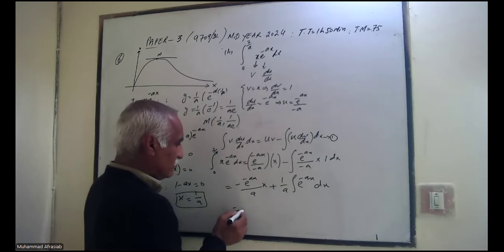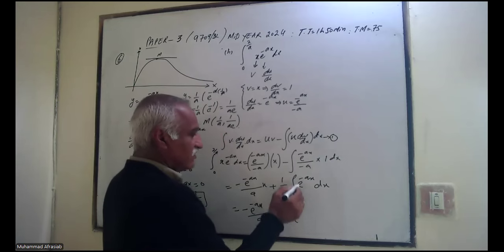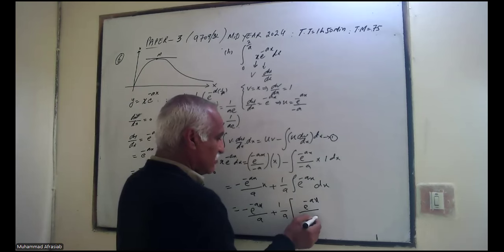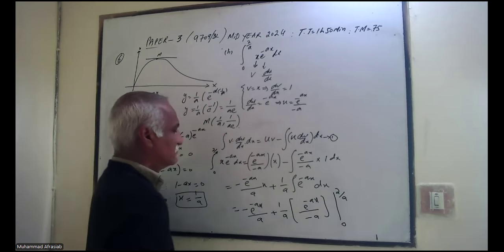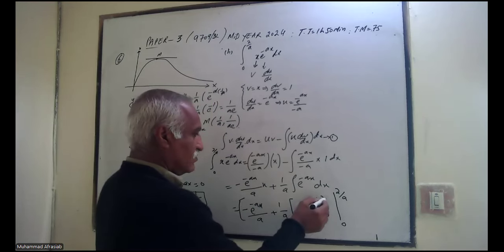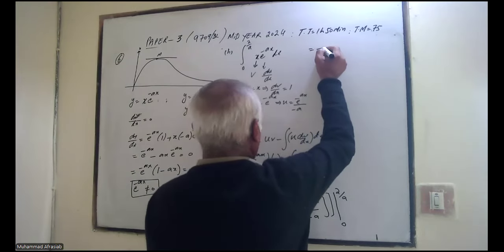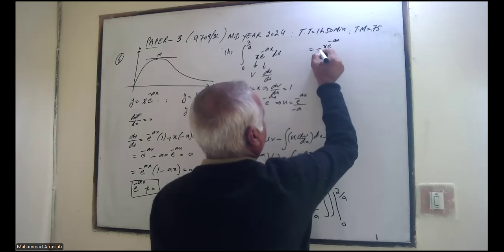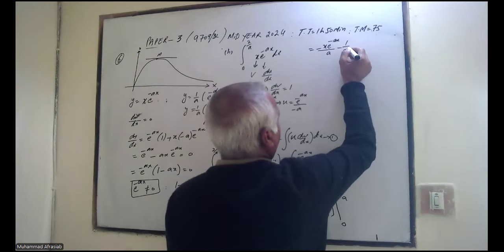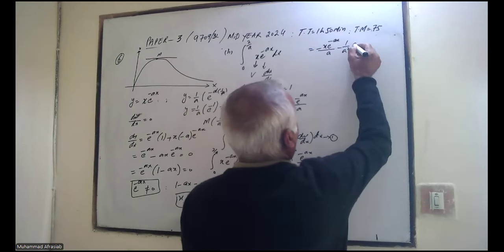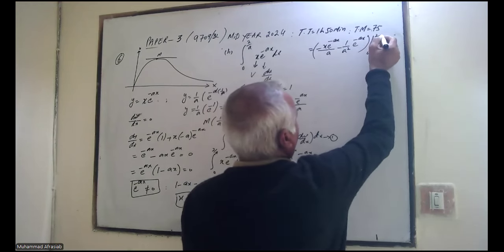So this will become minus x e power minus a x over a, plus 1 over a, and the integration of this portion is e power minus a x over minus a, so minus 1 over a square into e power minus a x, and the limits are 0 to 2 by a.